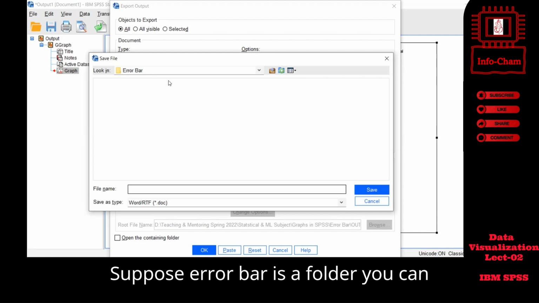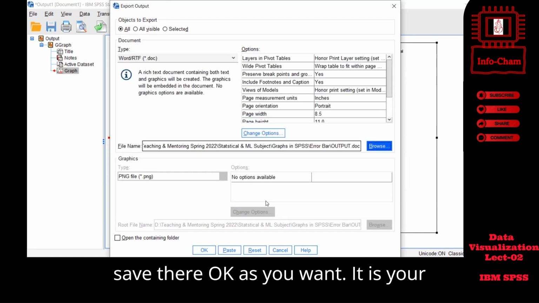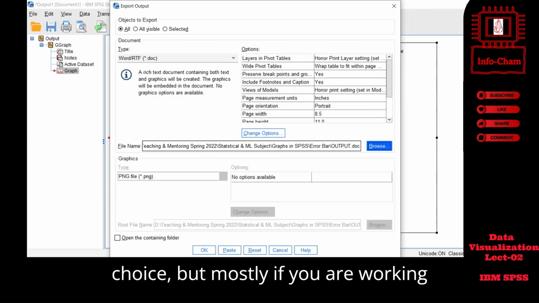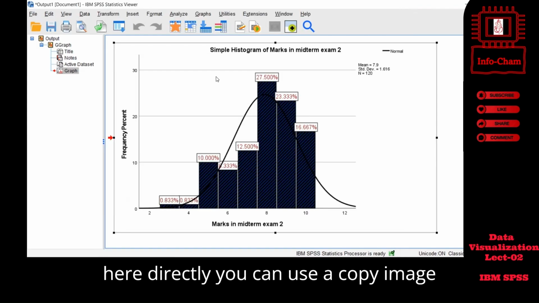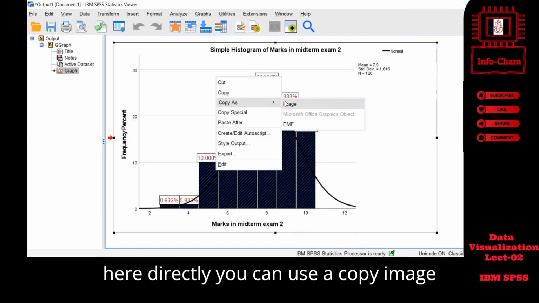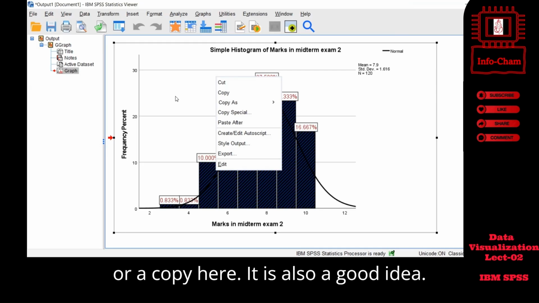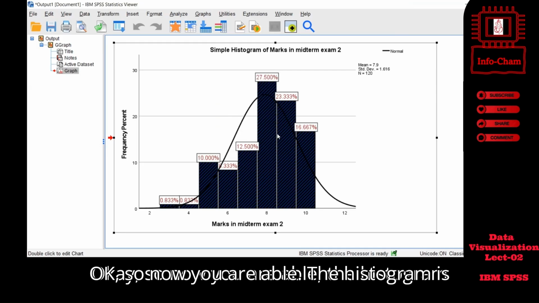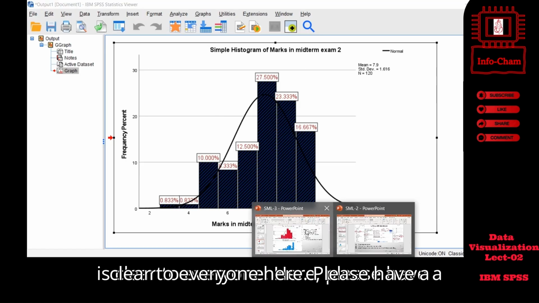Suppose error bar is a folder, you can save it there. It is your choice. But mostly if you are working here directly, you can use copy as image, which is also a good idea. So now the histogram is clear to everyone.